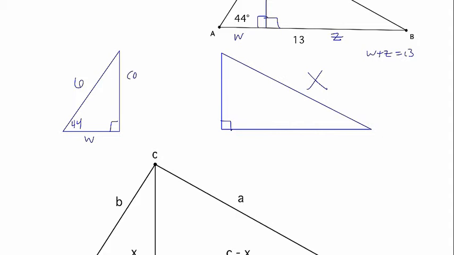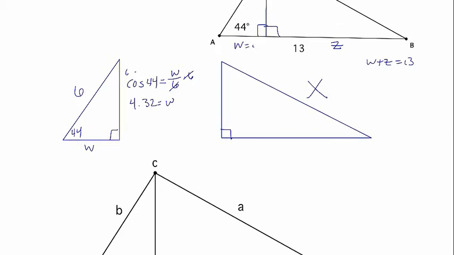I could say the cosine of that 44-degree angle is going to equal W over that hypotenuse of 6. So that means I'd have to multiply both sides by 6 to get W by itself. So when I take 6 times the cosine of 44, I get 4.316, which I'm going to round to 4.32. So I now know that this is 4.32.